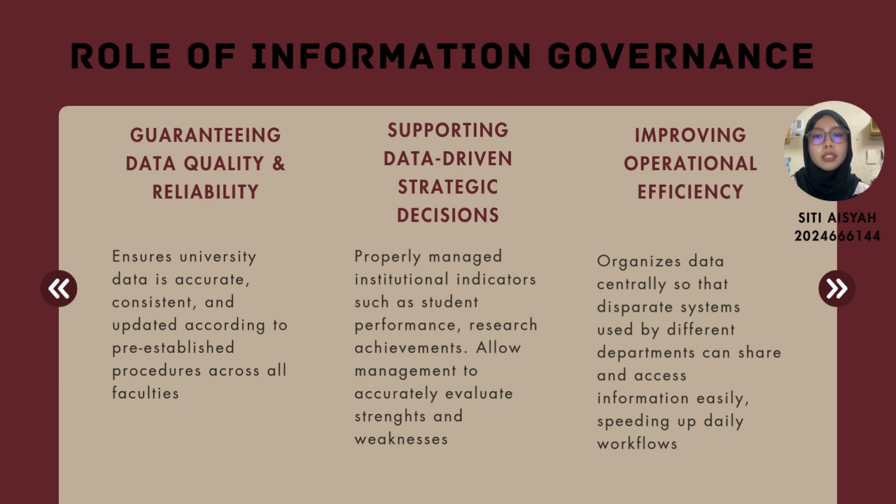By tracking things like student grades and research success, the university management can clearly see our strengths and weaknesses. Finally, it makes everyday work much faster and smoother. Since all data is stored in one central place, different departments don't have to work in isolation. They can share information easily and speed up their daily work.